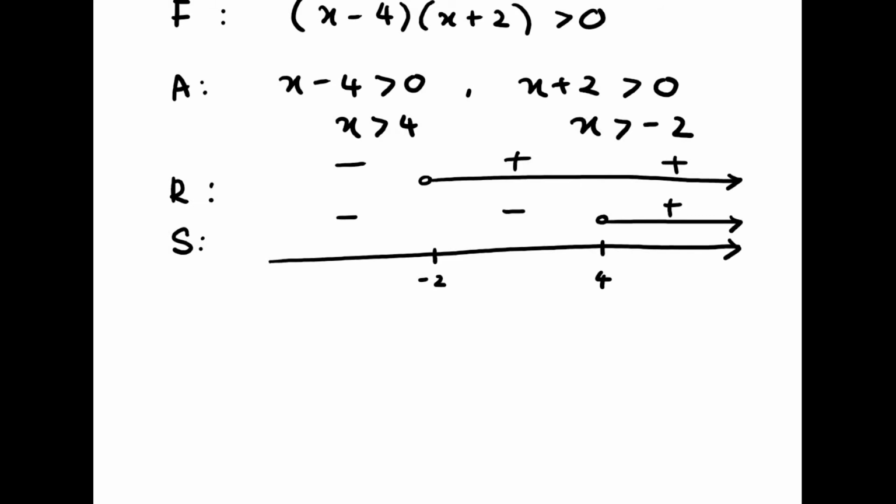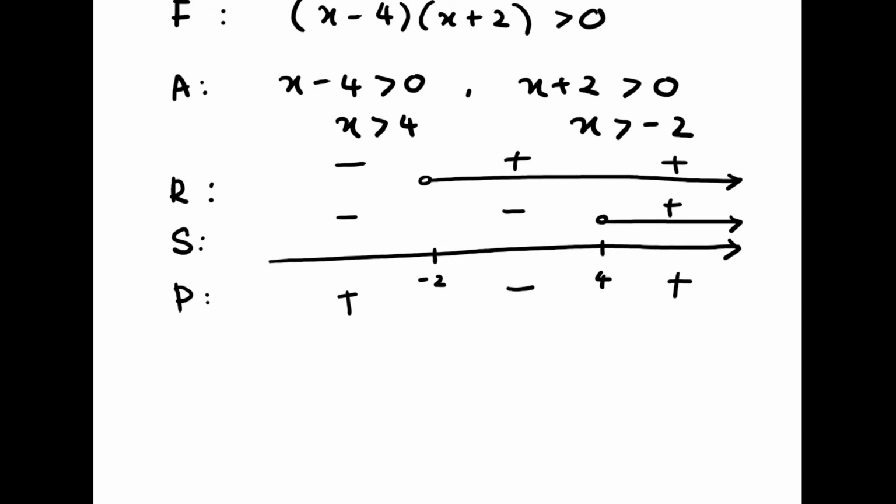Okay, that is for S, sign, and then we go for P. P stands for product, so you just need to multiply the signs: plus times minus times minus, you get plus, plus, minus, minus, plus, plus, minus.